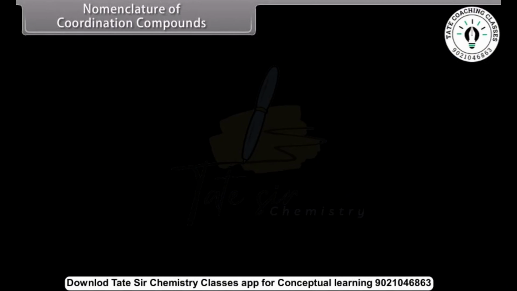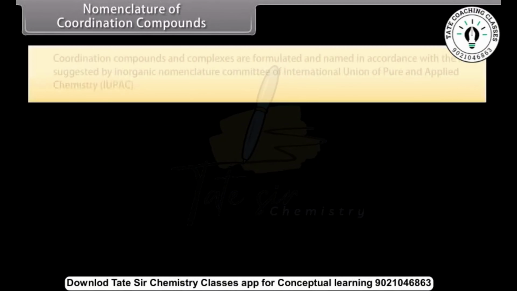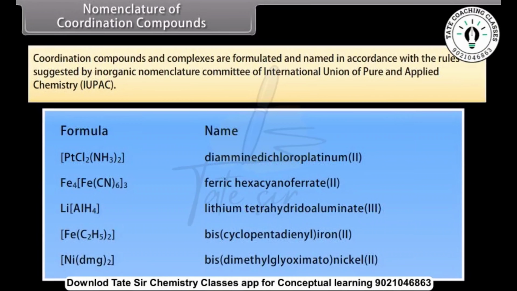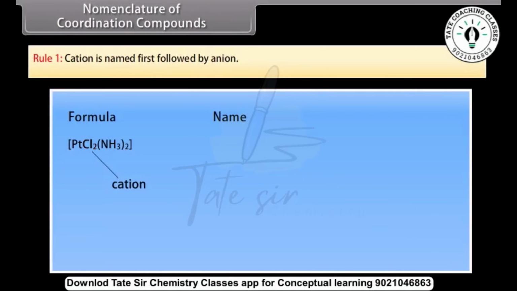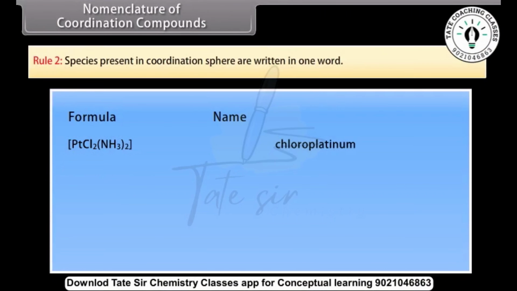Nomenclature of coordination compounds. Coordination compounds and complexes are formulated and named in accordance with the rules suggested by the Inorganic Nomenclature Committee of the International Union of Pure and Applied Chemistry. Rule 1: Cation is named first, followed by anion. Rule 2: Species present in the coordination sphere are written in one word.